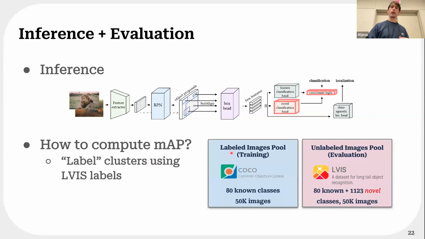We used COCO labels for training, right? And we are going to use LVIS labels for evaluation of how well we do on novel objects. But to evaluate mAP, we do have to transfer labels to our clusters, right? Otherwise, we couldn't evaluate mAP. But this is the only part where we use these labels, just to map labels to clusters.